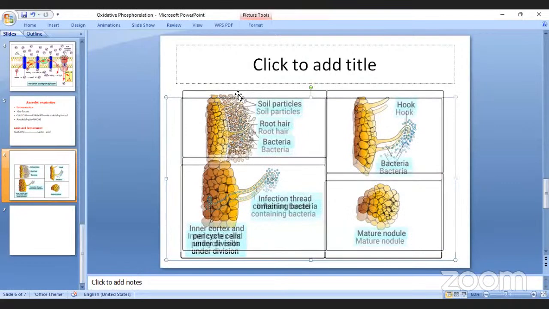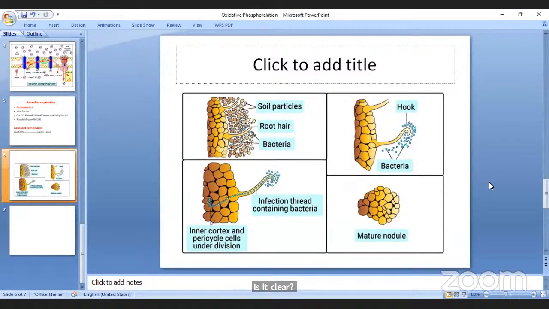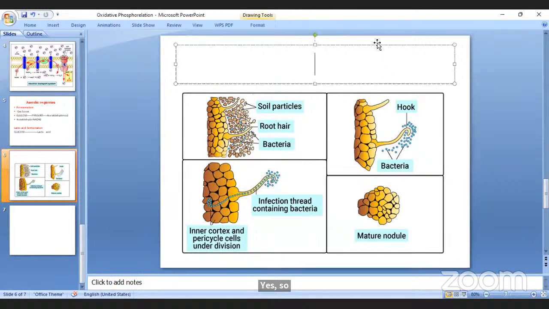Is it clear? Nitrogen metabolism. Biological nitrogen fixation.